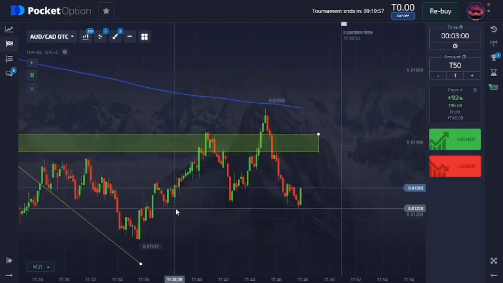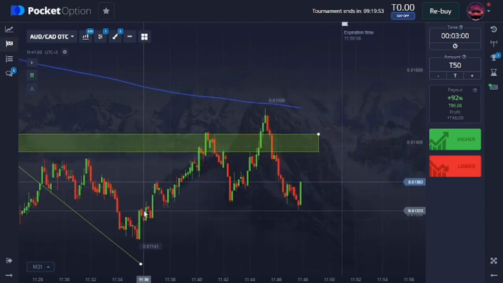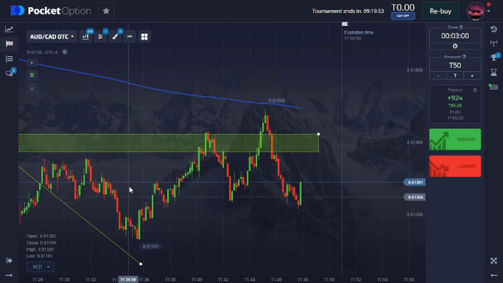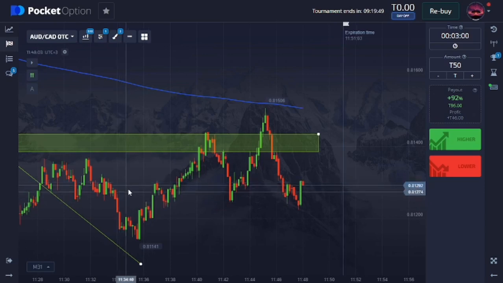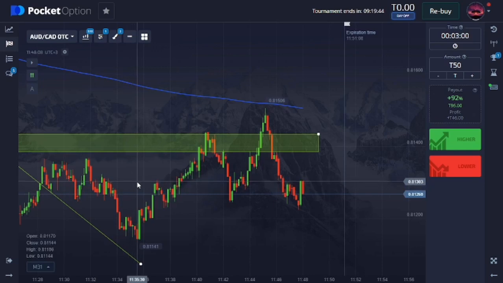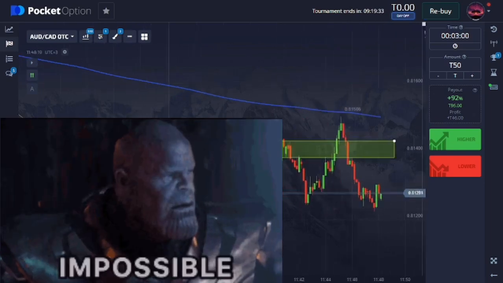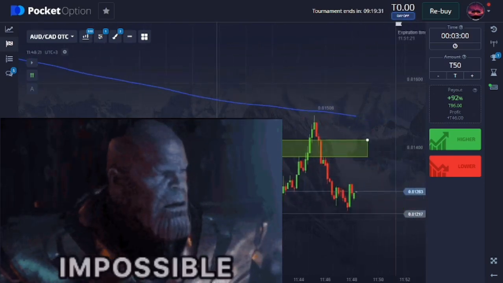They will win once, and they tell you that they won a single trade in 5 minutes, $10,000. That is unbelievable, because they have failed so many times that they can't even count.